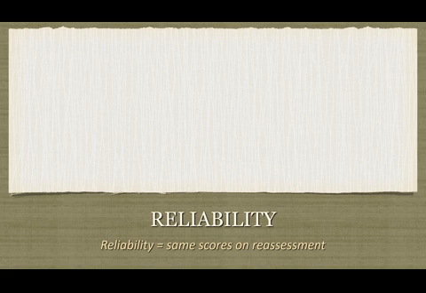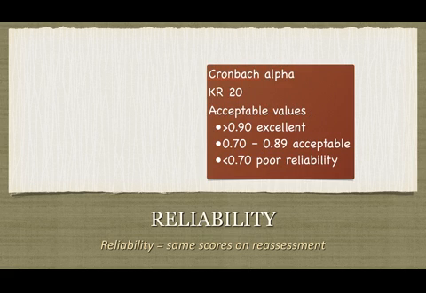The first thing you need to check from your OMR results is the reliability of your question paper. Reliability is the attainment of same scores if you do the reassessment. It is measured by Cronbach's alpha or KR20.